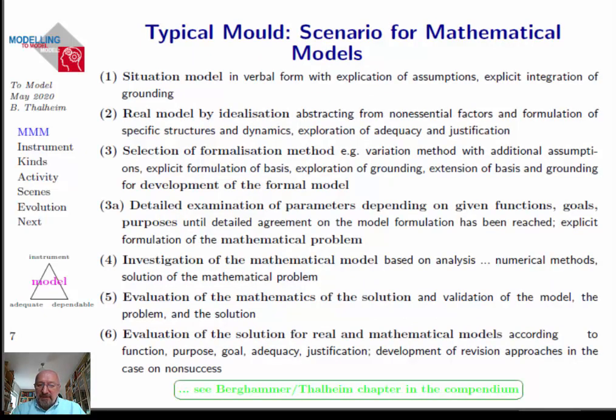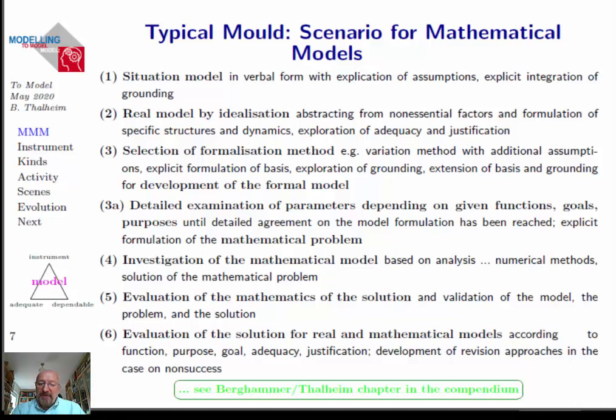Let us consider one typical example: scenarios for mathematical models. We have a classical typical mold that is a little bit of an extension of what mathematicians understand. We start with some kind of situation model. We next develop some kind of real model by utilisation. Then we use some kind of formalization method and develop a corresponding model that can be handled really by mathematicians.